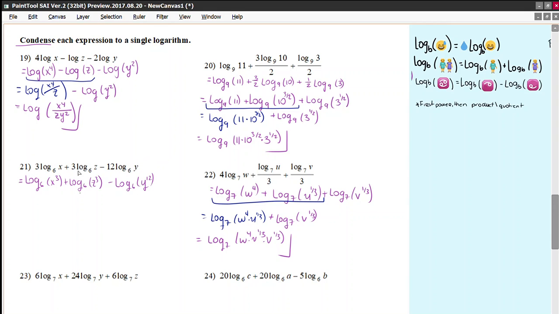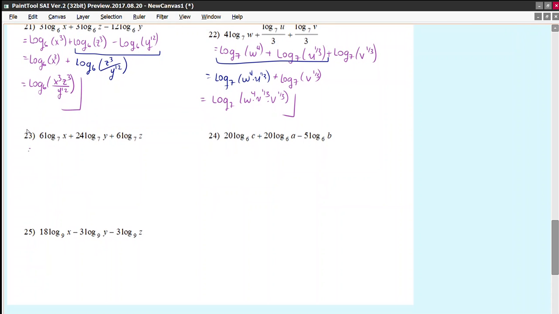I'm going to apply the product property first to these two, because why not? This is logarithm base 6 of x cubed z to the power of 3 over y to the power of 12. Single logarithm, everything is inside the argument.